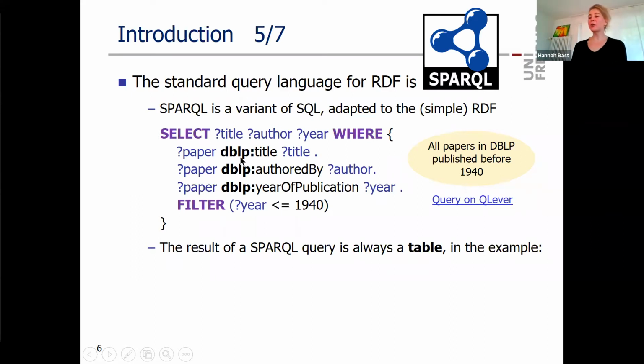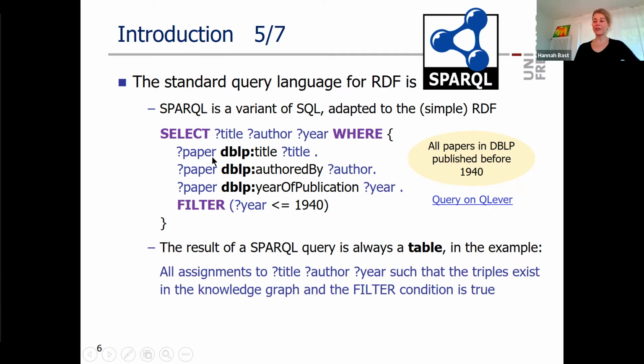In the SPARQL query, you also specify triples, but you just leave some places blank. So you put variables here. And if you put the same variable here, it means it has to be the same match. So this will show all matches for these three variables, title, author, year, so that every triple you see here of the three exists in the database.